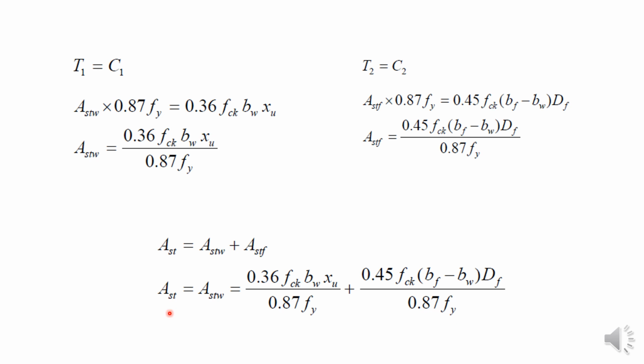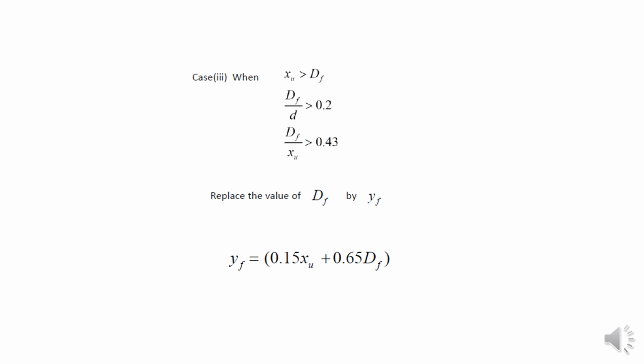This is the area of steel for the T-beam. So in case XU is greater than DF, DF by D is greater than 0.2, DF by XU is greater than 0.43, replace DF by YF. So YF is equal to 0.15 XU plus 0.65 DF. Thank you.